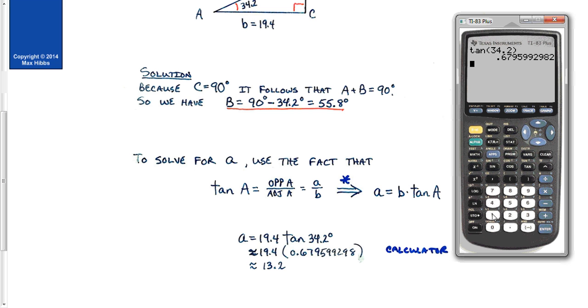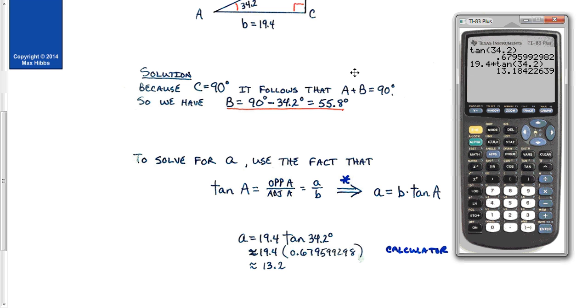So what I'm really going to say is 19.4 times the tangent of 34.2 degrees. And it already is expecting it in degrees, and press enter, and see it gave me 13.184 and so on and so on.